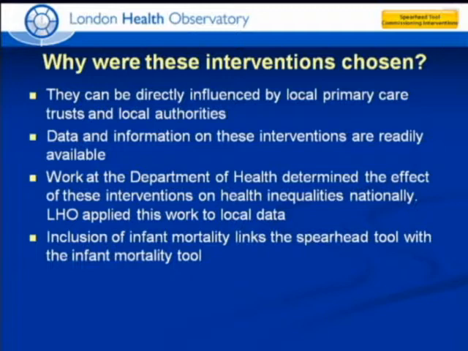And what they wanted us to do was take that information and model it locally, so that each local area could use the tool and work out what would happen to life expectancy in their area. And they wanted us to include infant mortality so that there would be a link through to the other national inequalities target. So that was basically the reason that these interventions were chosen and not others.